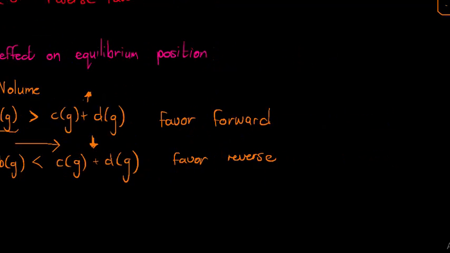Okay, now let me give you an example that we have looked at already, and that was the reaction with NH3, and here we had 2 of these and 3 of these.